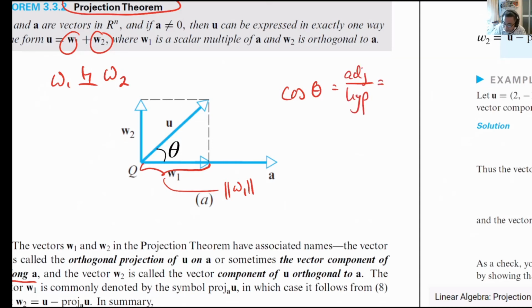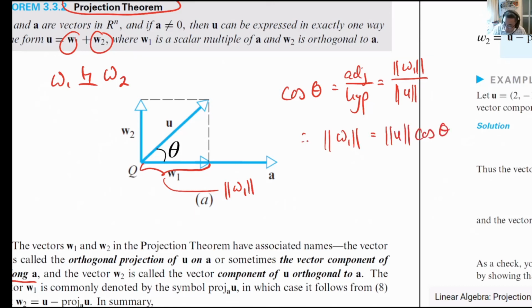Then the adjacent is the norm of w1, and the hypotenuse is the norm of u. And therefore, w1, the length along A, equals the norm of u times cosine theta.